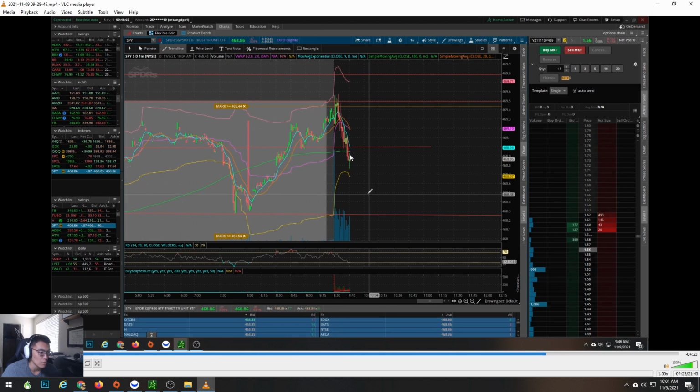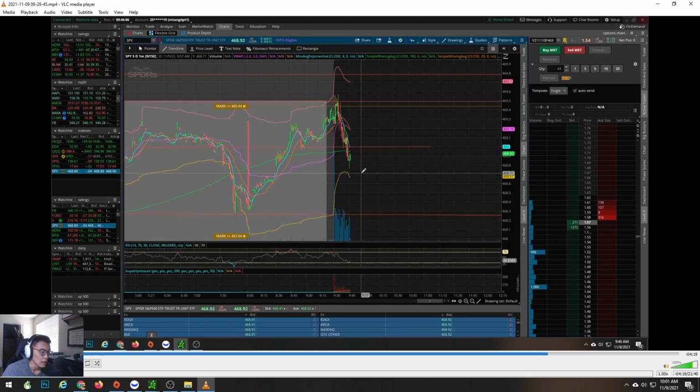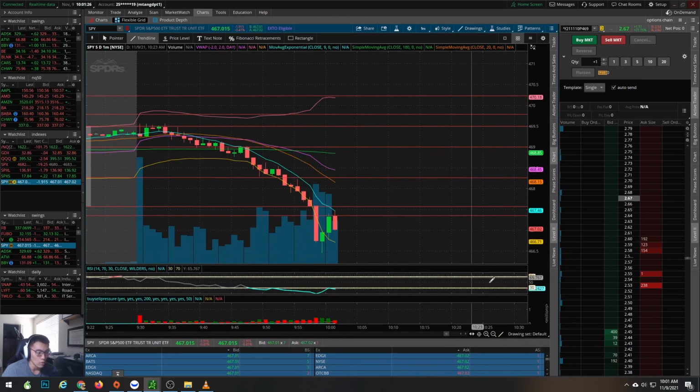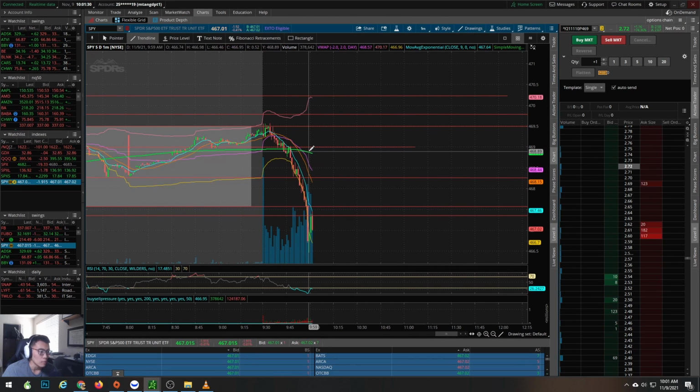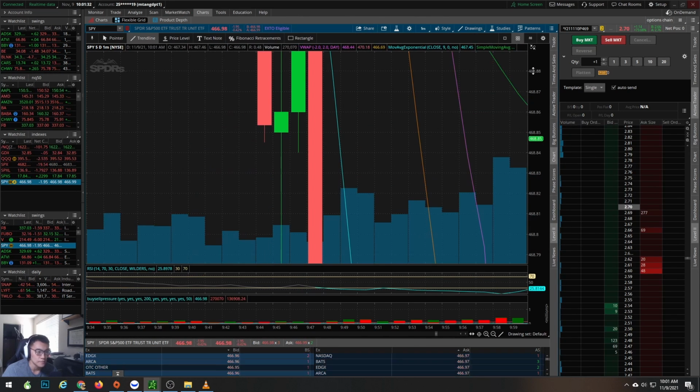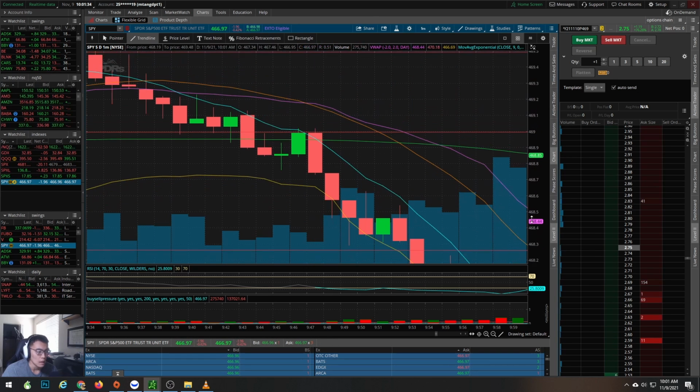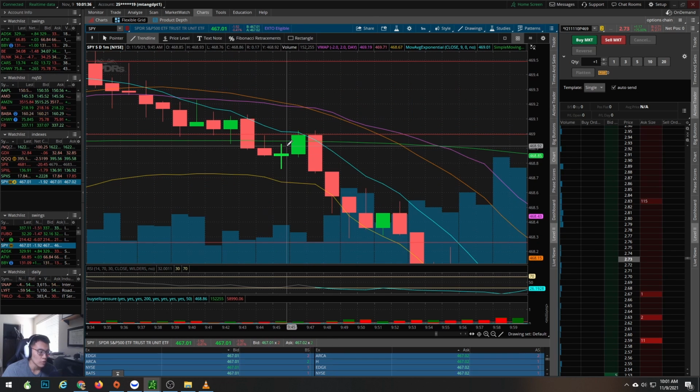Like I said, I broke down below this level. I wanted to make sure it breaks and then continues going down, and that's what happened. So I took it out for a quick trade, and that's it. Obviously it continued breaking down all the way, but there's no way for me to know that. As I said before, I would have considered holding maybe one or two more contracts.